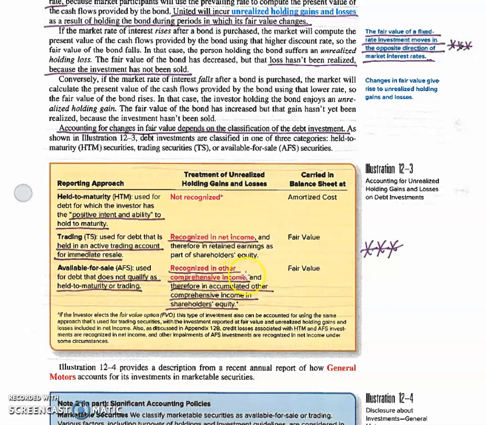Other comprehensive income is closed out to accumulated other comprehensive income that we saw at the beginning of the first video. And it's shown in the owner's equity section of the balance sheet. So again, these are the middle ground. They don't qualify for either of these other 2 categories. So this is where they reside.